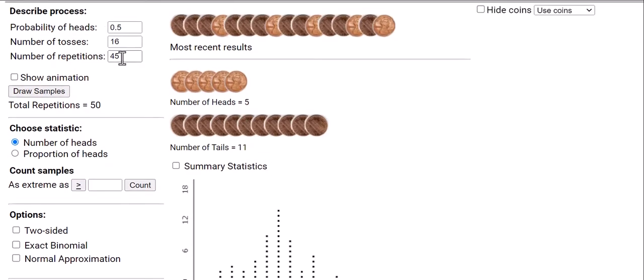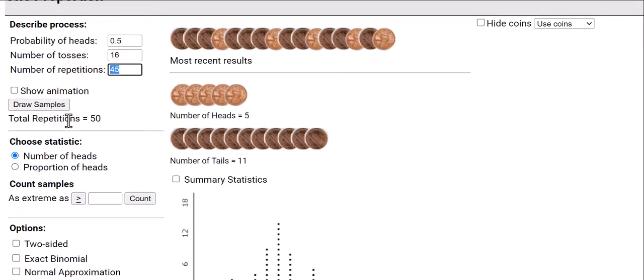Now we want a total of 1,000. So what number should I put in here so that I get a total of 1,000? Let's do 950. And make sure that your show animation is unclicked. Otherwise, this is going to take forever because it's going to be doing 16 coin flips 950 times. So you don't want to do that.